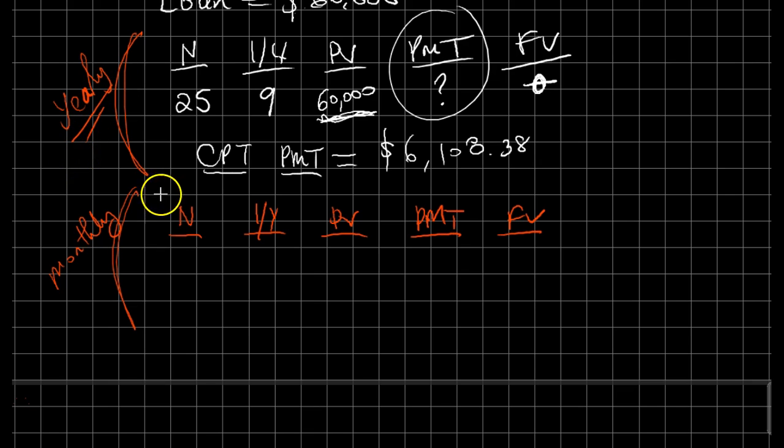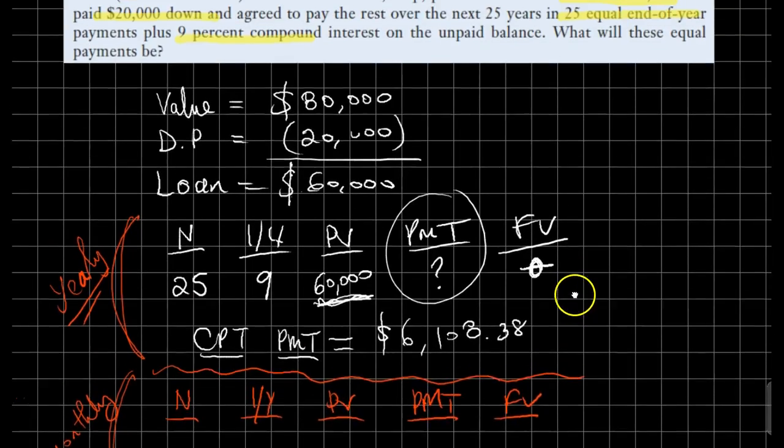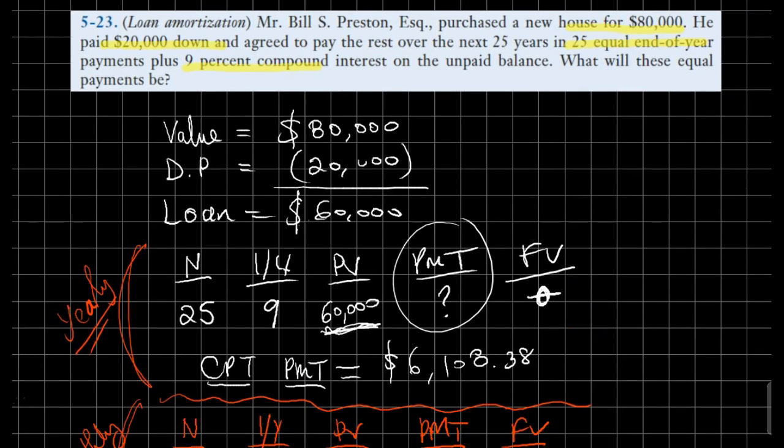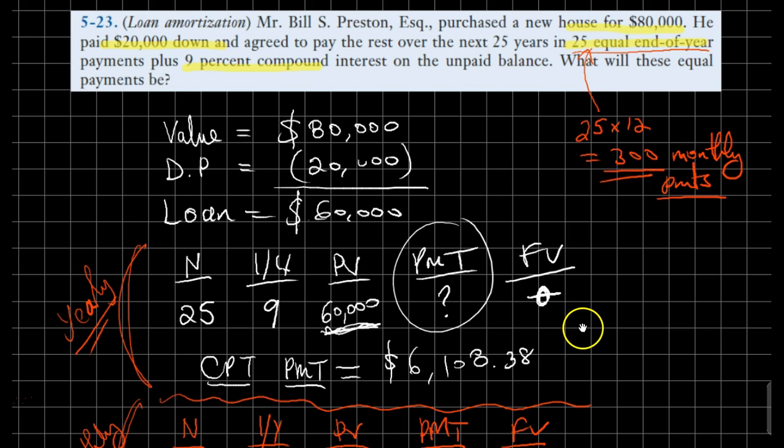So this is an alternate problem that I'm solving. If the problem specified, instead of 25 equal end of year payments, if the question said 25 times 12 months, 300 monthly payments, 300 months, this is the more realistic case, obviously.